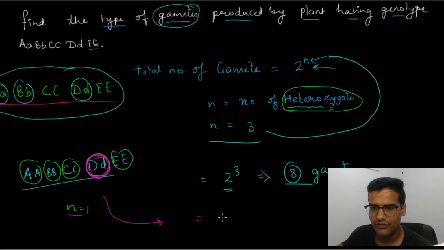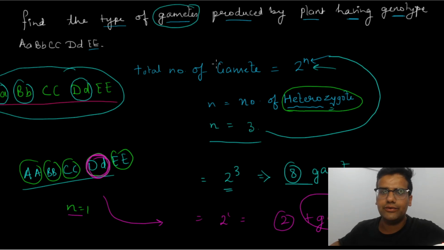So the total number of gametes produced will be 2 to the power 1, which is 2 gametes. Simply, we can calculate the total number of gametes by the formula 2 to the power n.